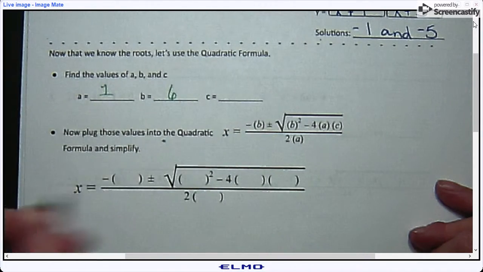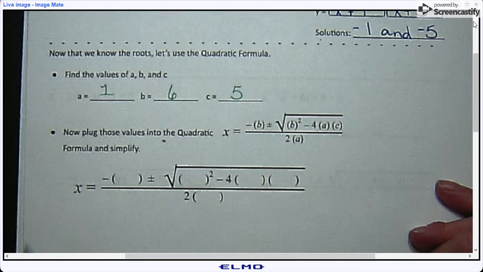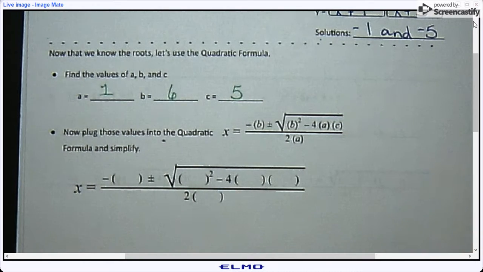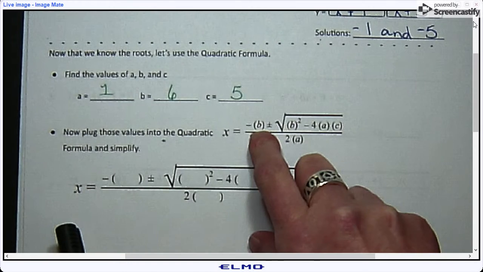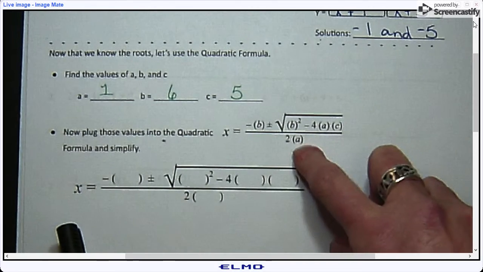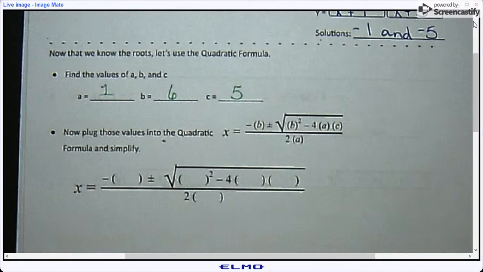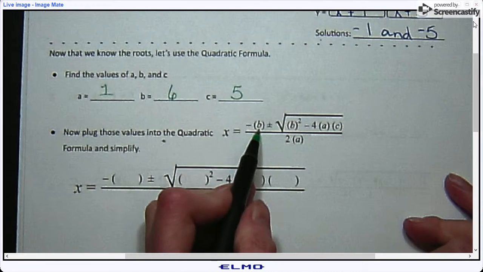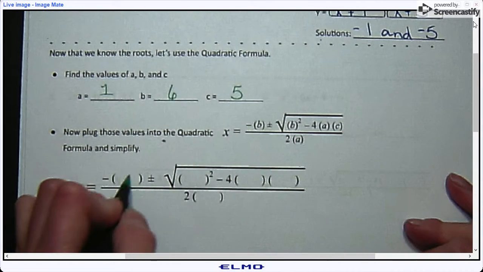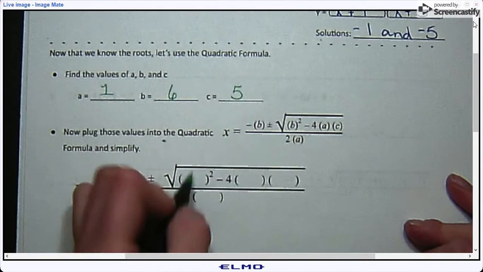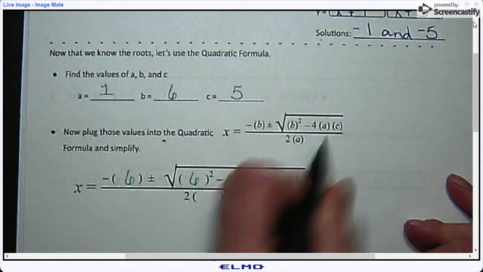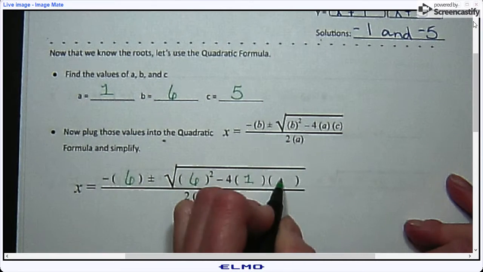We call it the constant. 5. Now, all I'm going to do is delete the b, a, c, and plug in the correct number. So I see that my first one is b, so I'm going to put a 6. b, and then a, and then c.